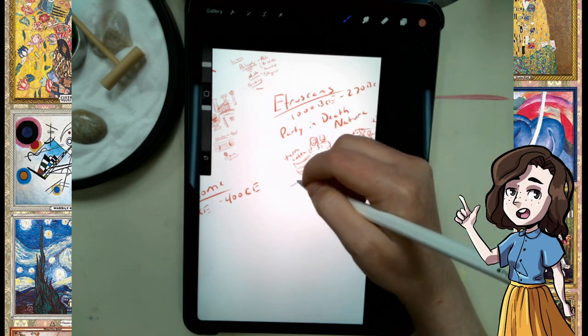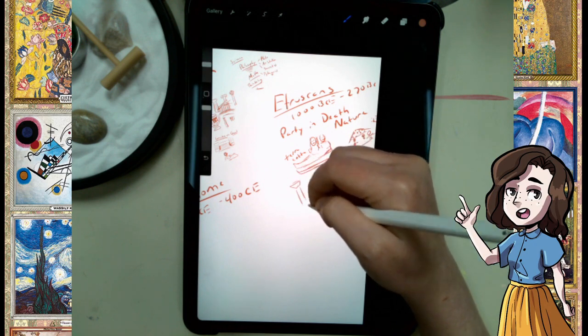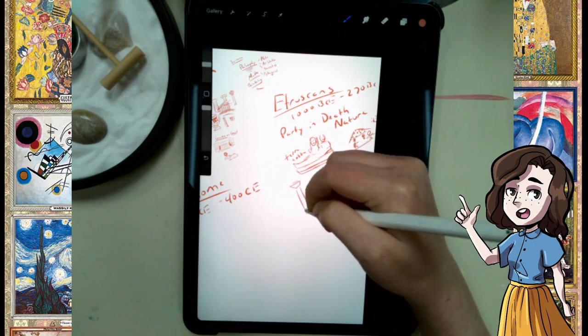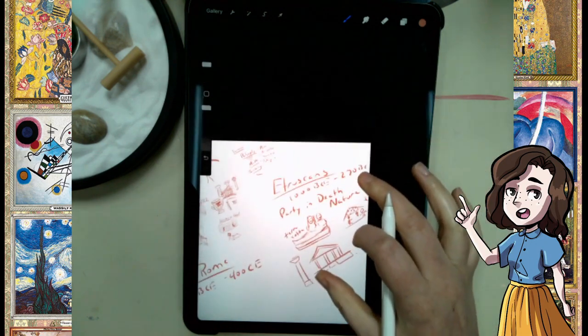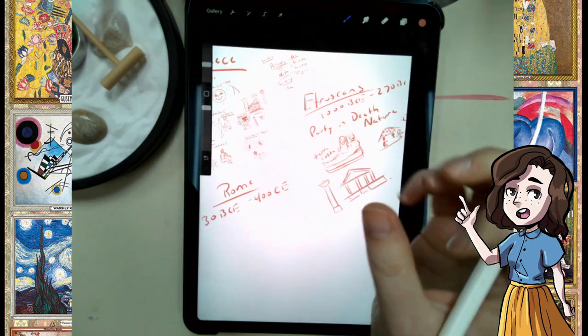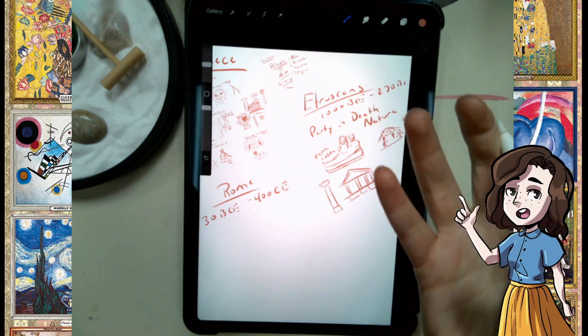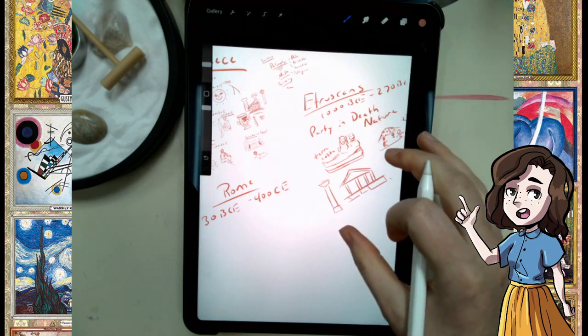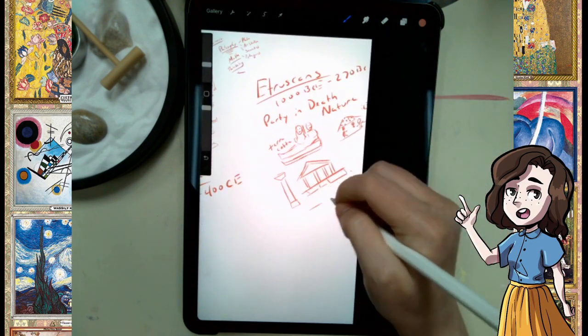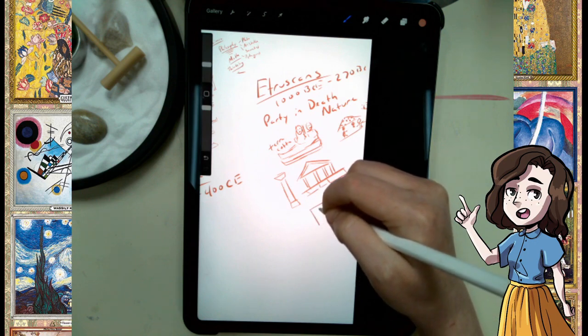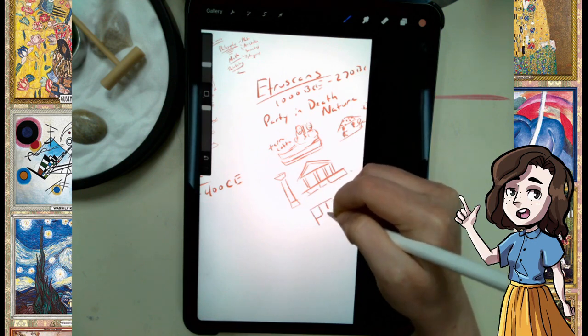For one, the columns look like Doric, but they have a base, right? The Greeks were very focused on math. Everything was illusion to be perfect, but for the Etruscans, it's more about nature. So if you look at the floor plan, it's quite simple.